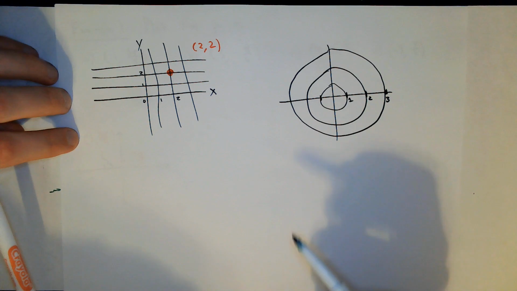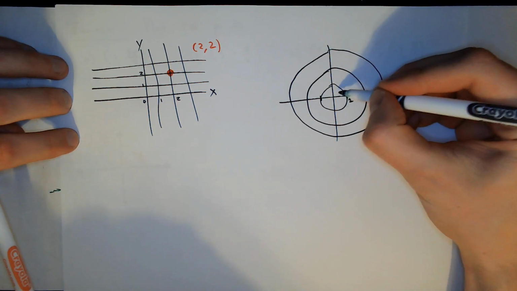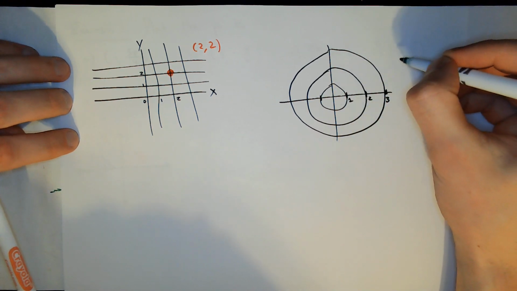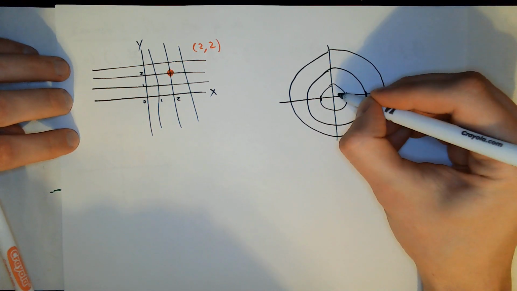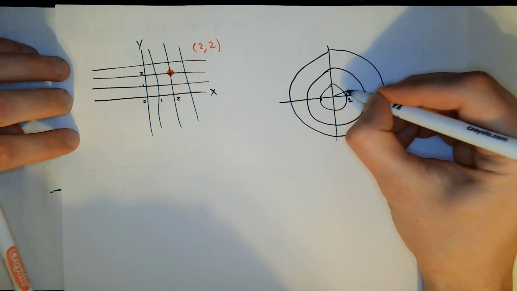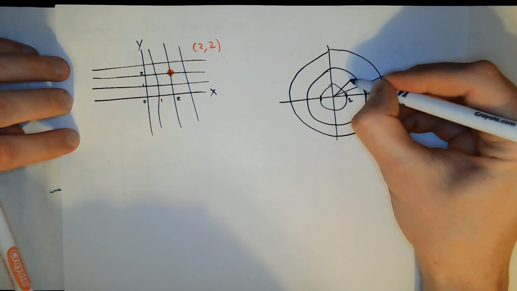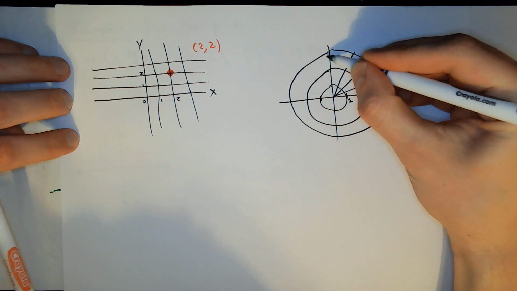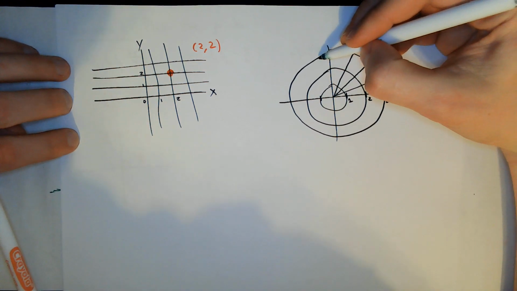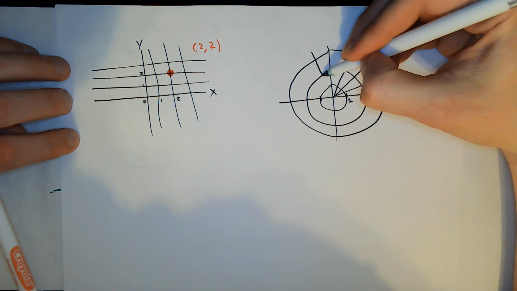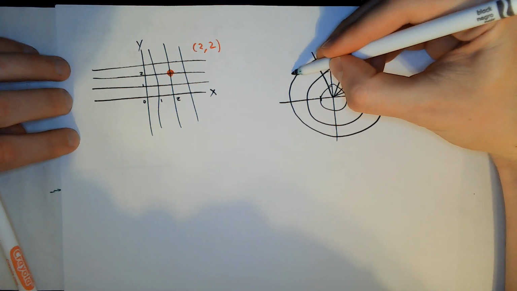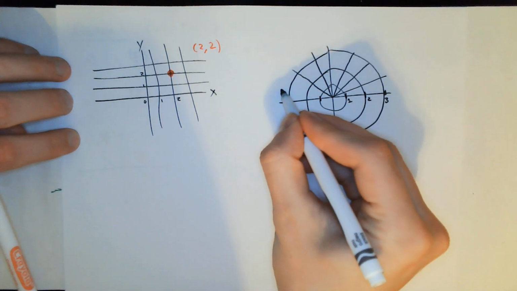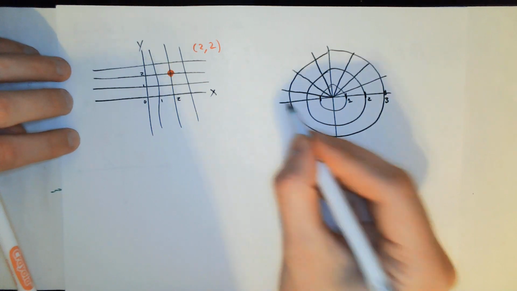So these are radial distances, and then there might even be some nice angle marks, like the classic angles, like your pi on 6, pi on 4. So if I had my pi on 6 marked, pi on 4, pi on 3, of course pi on 2 is straight up and down, and then maybe my 2 pi on 3. It's looking like a unit circle really if you graph all these nice angles. Here's the 3 pi on 4, here's 5 pi on 6, this would be pi, right?